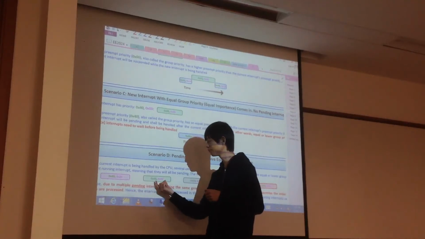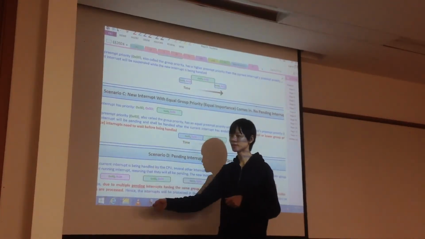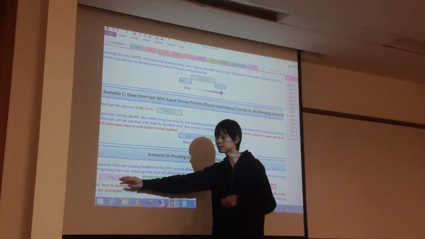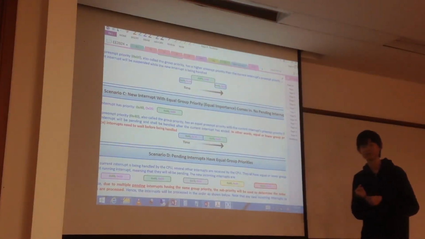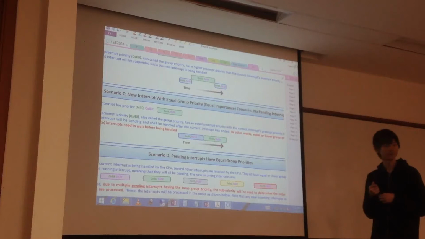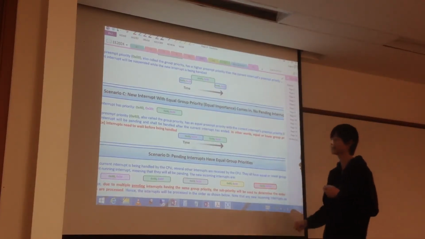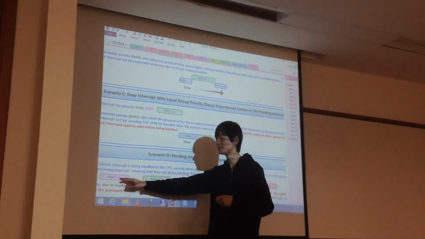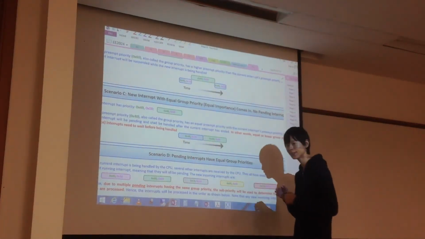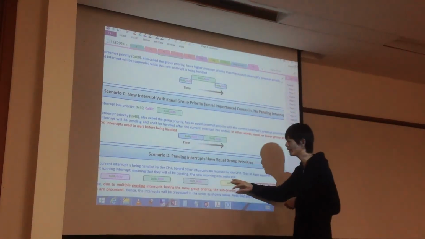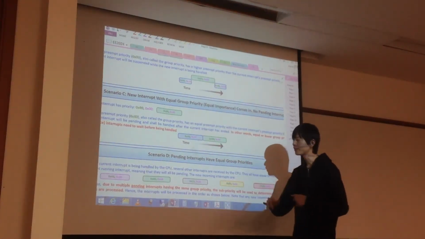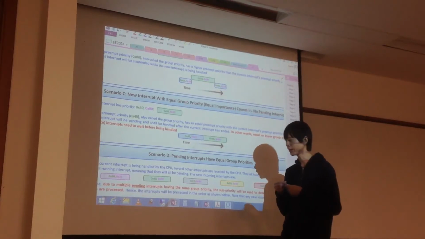Should it be first come, first served? Or is there something else we need to check? So it is not first come, first served. That's where the sub-priority comes in. It's only for pending interrupts. For pending interrupts, meaning if your interrupts are all waiting here, the sub-priority will determine the order.